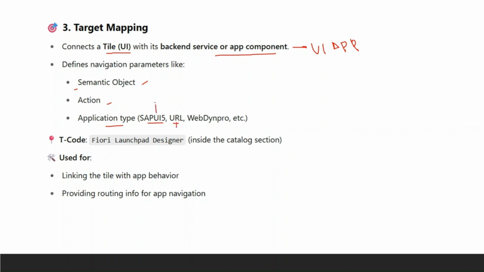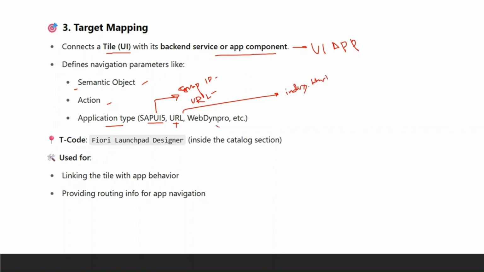If you are configuring it with SAP UI5, you have to input what we call a component ID, and we need to give a URL. So two things we need to provide if you are configuring with SAP UI5. If you are configuring a direct URL, you can give the index or HTML link of that application directly to render that application. There are many ways.